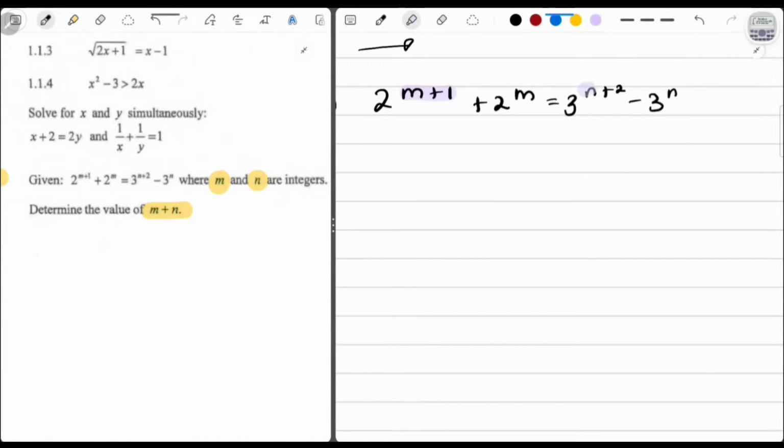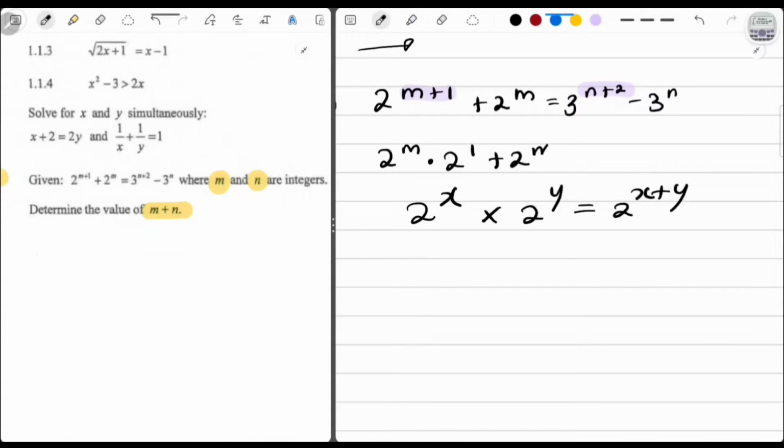We can break up those exponents that are joined together. Remember how if you have the same base and you're multiplying, you keep the base the same and add the exponents, right? That's how we're going to separate this. So 2 to the power of m plus 1 was created by saying 2 to the power of m multiplied by 2 to the power of 1. That's how we got that.